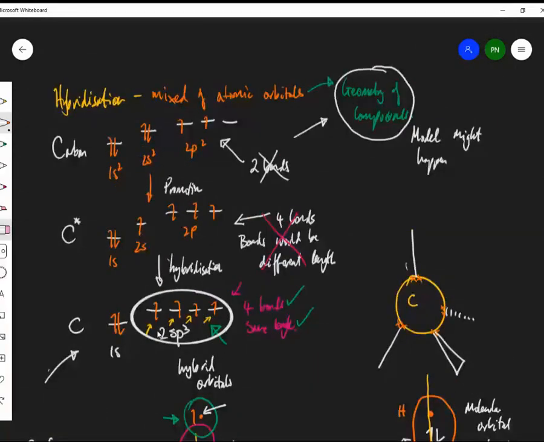Can you see 1s merged with 3 P's? Yes? So what would you call that kind of hybridization? S to the power of 1, P to the power of 3, because there's 1s and 3 P's. So that kind of hybridization is called sp3.